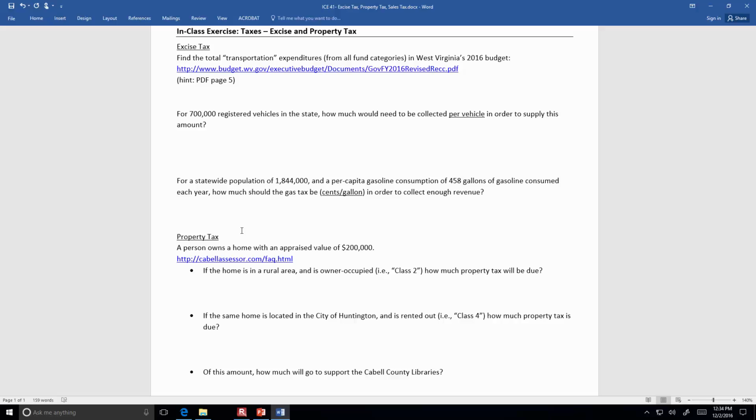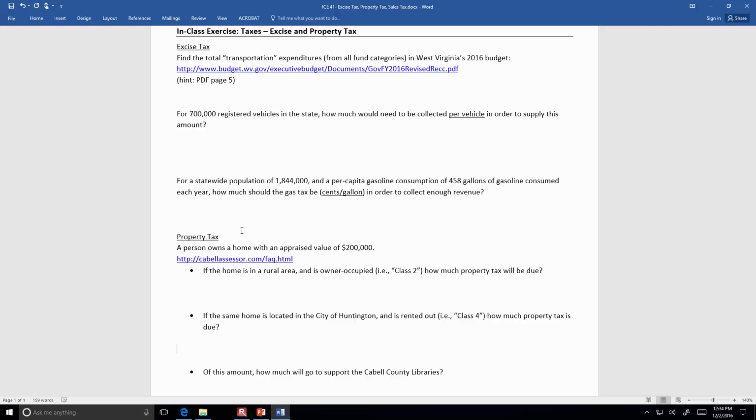So look up how much they spent on highways for all the sources of revenue. You'll notice when you look at that most of the revenue they got was from the gas tax, but they do have some of the revenue that goes into transportation from the general fund and other categories.